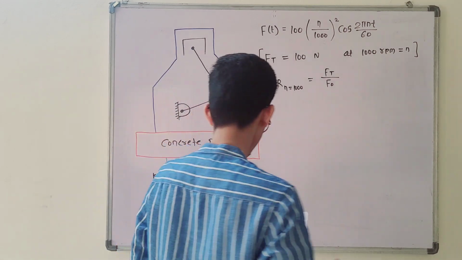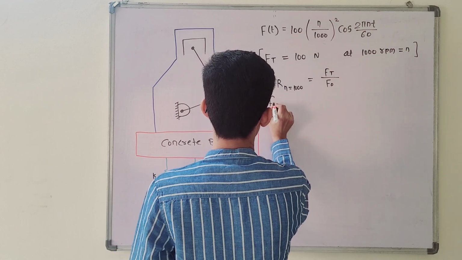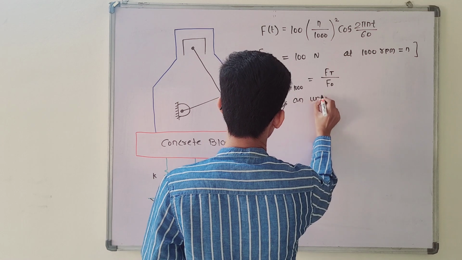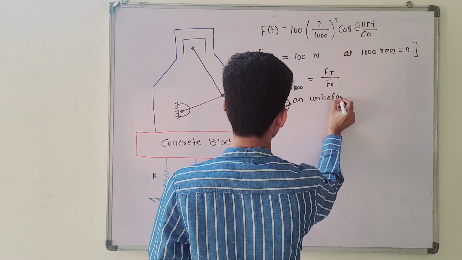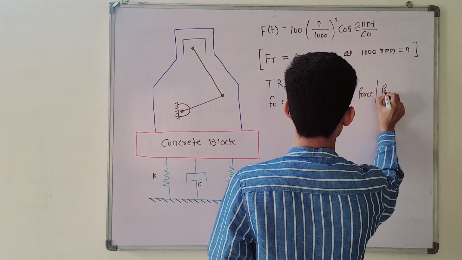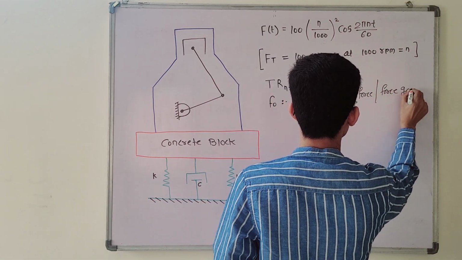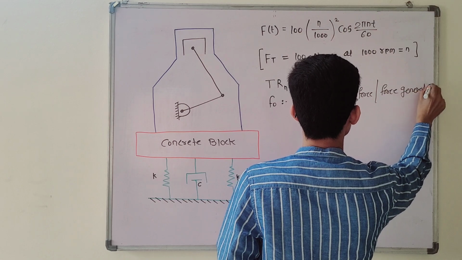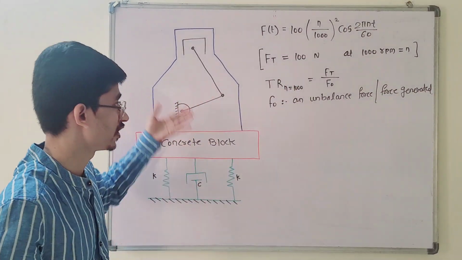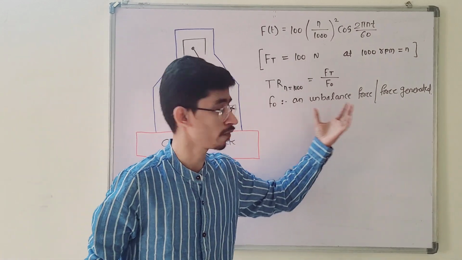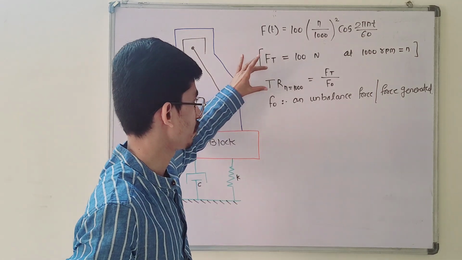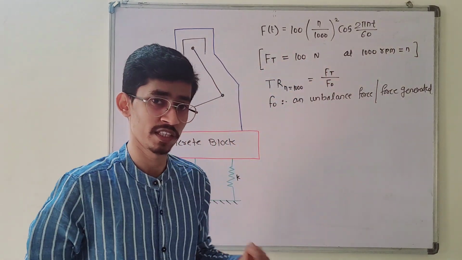Or you can say our f naught is nothing but the unbalanced force, or force generated. Ft is the force that is transmitted, and f naught is the unbalanced force generated. So once you know this, transmissibility is the ratio of f of t by f naught. This is a theoretical concept.